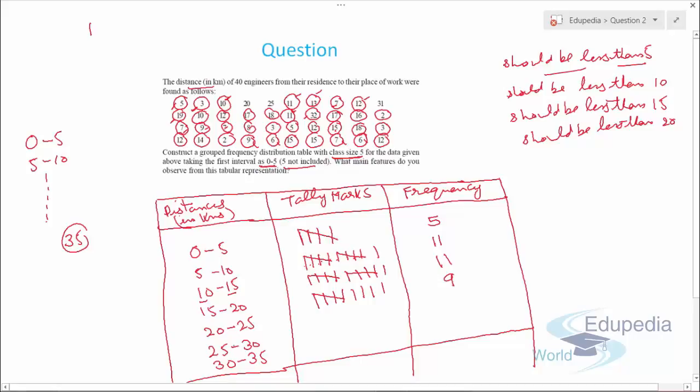right. Now 20 to 25 means it should be less than 25, so there is only one value. So we need to draw one tally mark and one frequency over here. From 25 to 30 it should be less than 30, right?